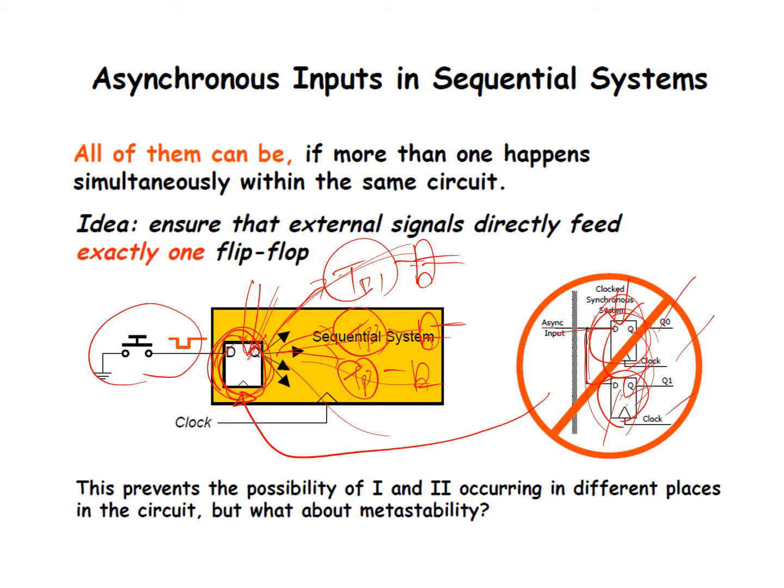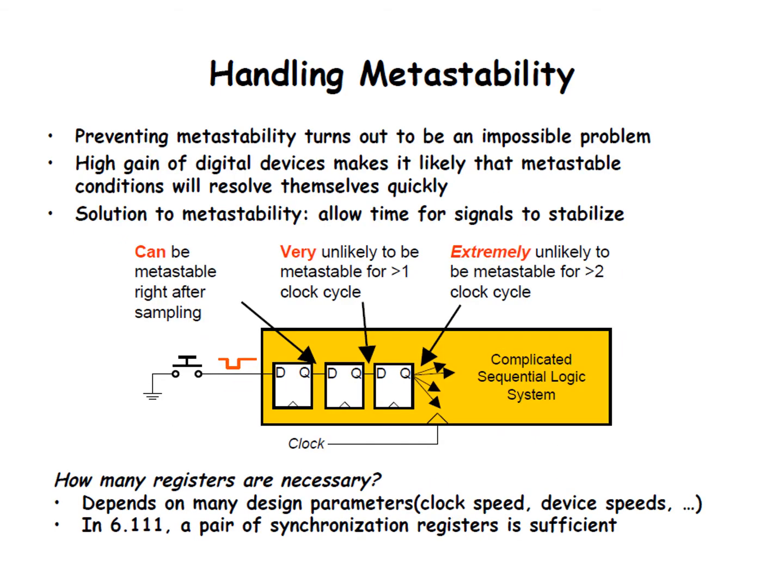So what can we do, right? To prevent the metastability, we add more flip-flops like this. If you add them in the path, then the chance of going into metastability goes down exponentially.